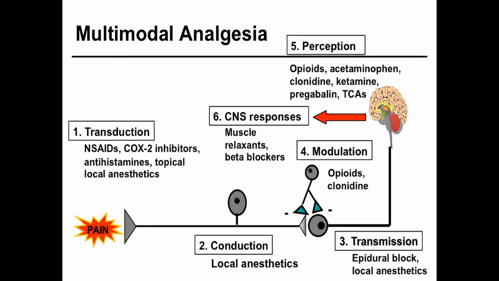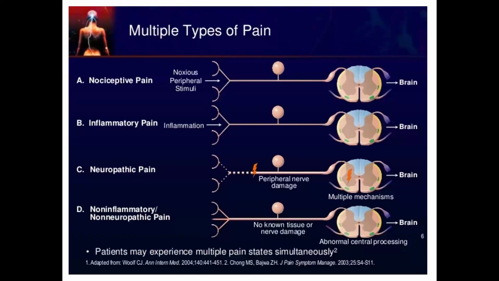So opioid receptors usually are not in the periphery, okay, unless there is a tissue injury. When you have a tissue injury, you will have opioid receptors in the periphery.